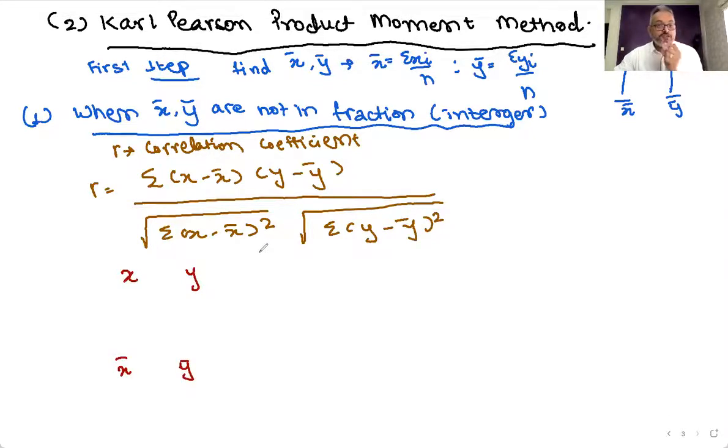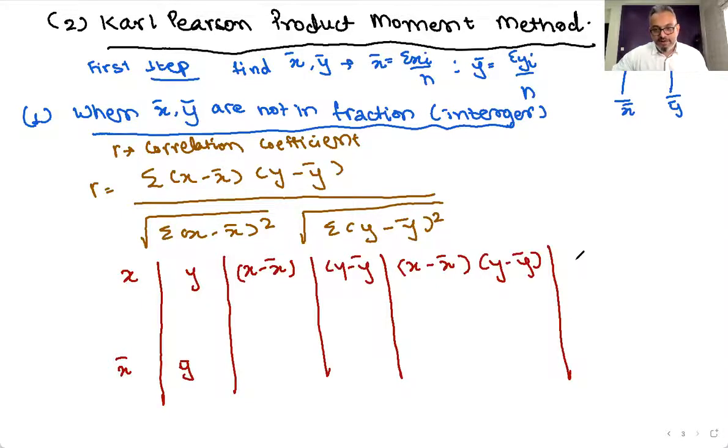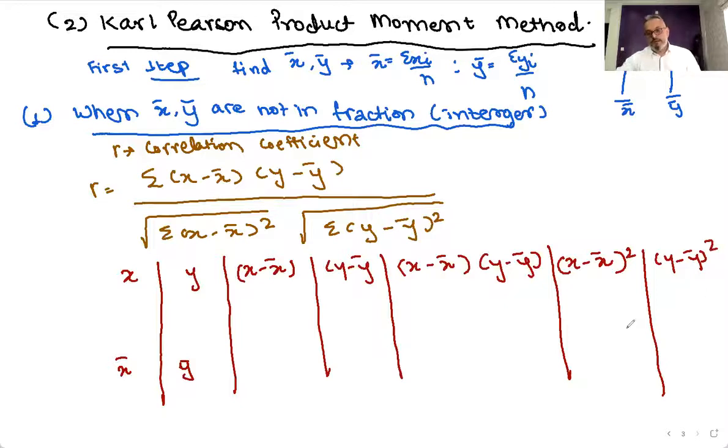Now, अगर ये फ्रैक्शन में नहीं है तो हम ये वाला फॉर्मूला यूज करेंगे ऊपर वाला, तो उसके लिए हमें क्या करना पड़ेगा, पहले x माइनस एक्स बार फाइंड करना पड़ेगा, फिर फाइंड करना पड़ेगा y माइनस वाई बार, फिर फाइंड करना पड़ेगा x माइनस एक्स बार इंटू वाई माइनस वाई बार, फिर फाइंड करना पड़ेगा x माइनस एक्स बार द होल स्क्वायर एंड देन y माइनस वाई बार द होल स्क्वायर. यहाँ पे मिलेगा सिग्मा x माइनस एक्स बार द होल स्क्वायर, यहाँ पे मिलेगा सिग्मा y माइनस वाई बार द होल स्क्वायर, और ये सिग्मा x माइनस एक्स बार इंटू वाई माइनस वाई बार.